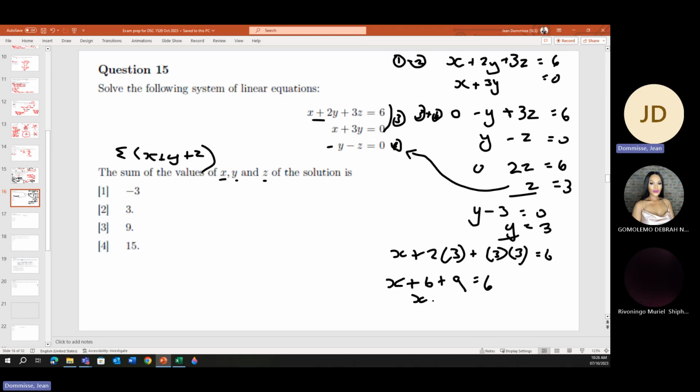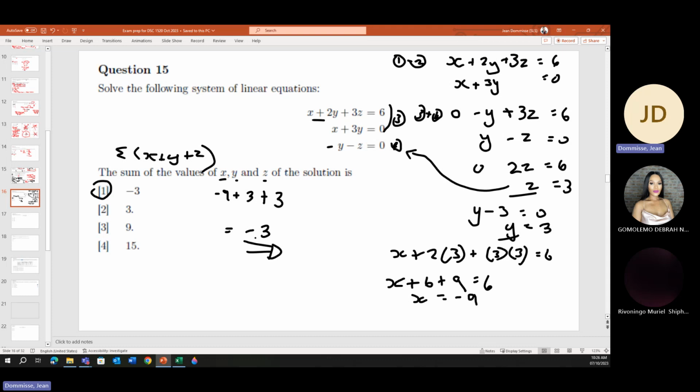So x is actually equal to minus 9. So x is minus 9 plus y is 3 plus z is 3, which is minus 9 plus 3 plus 3 is minus 3, which is option 1.